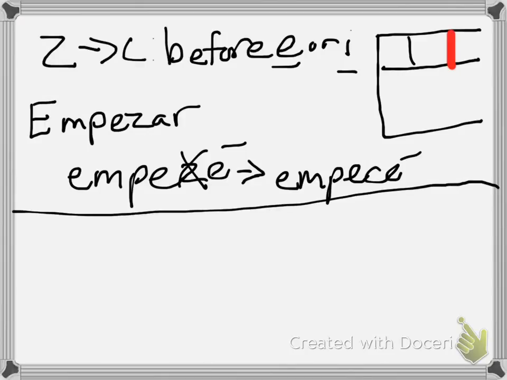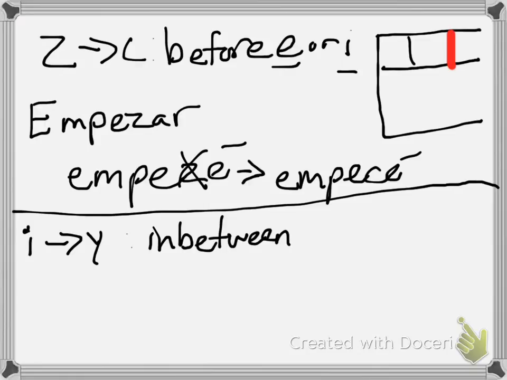The last spelling rule is I to Y in between two vowels. For example, leer means to read.